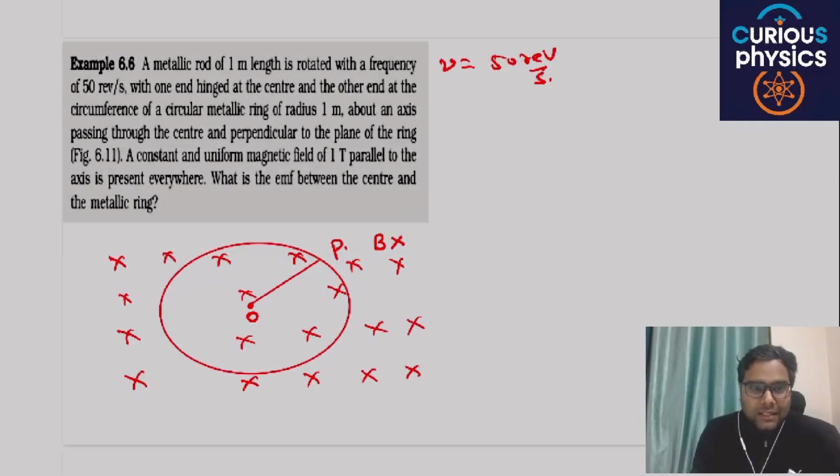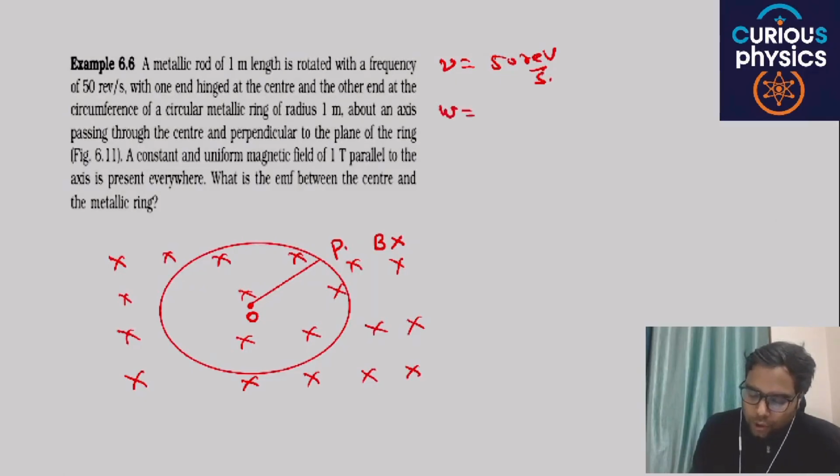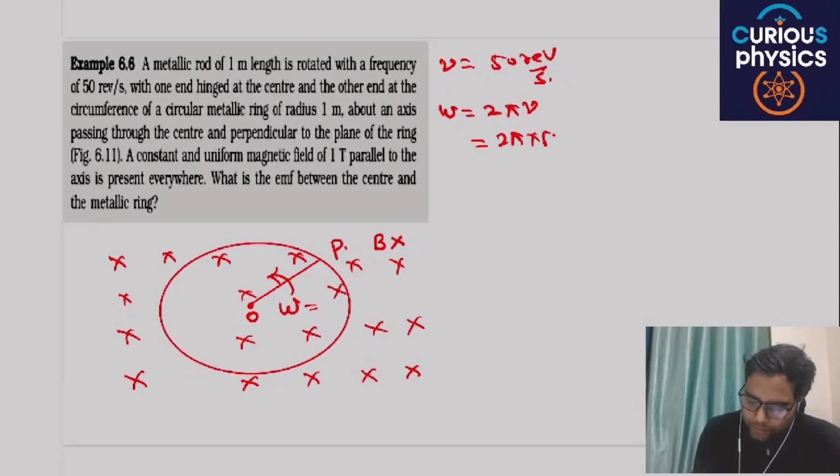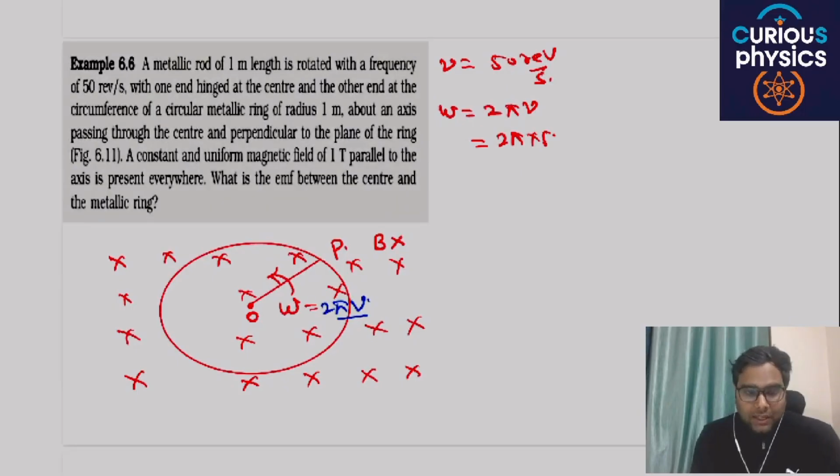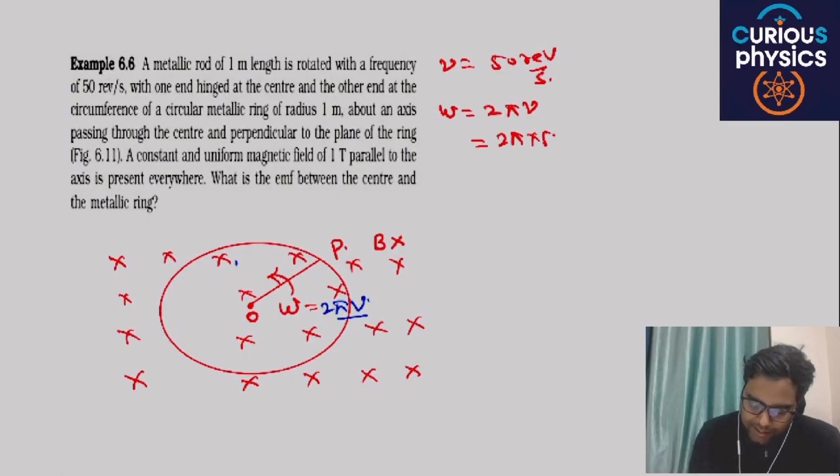Then you can easily find the angular speed, which is 2 pi times the frequency, 2 pi into 50. This rod is moving with omega equal to 2 pi v, and we also know the relation. Let's say this radius is r, and r is 1 meter.